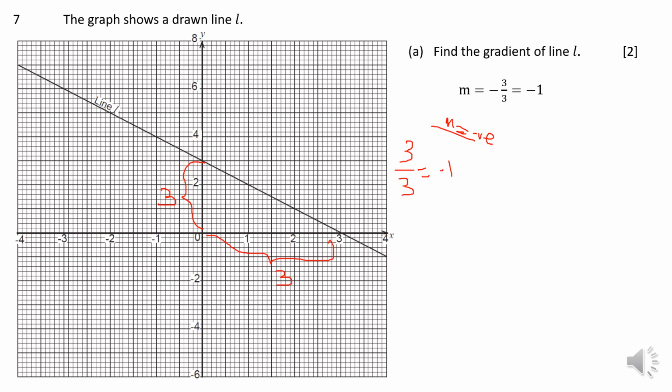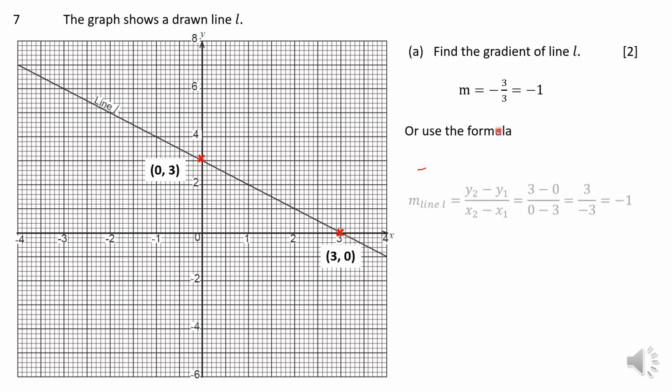When you are using the formula, I have chosen 2 particular points. The points I chose were the intercepts. This particular point here is the point (0, 3). Then I chose this point here, which is (3, 0).